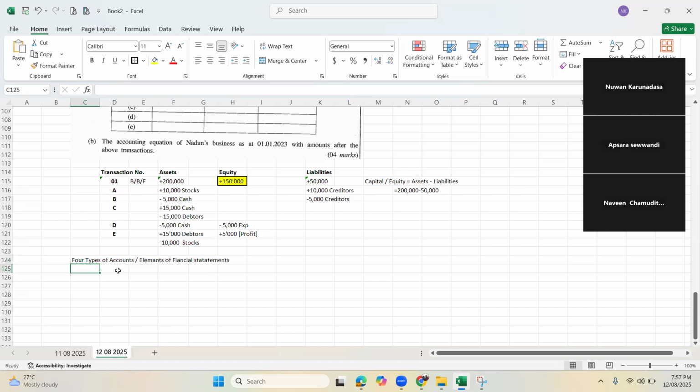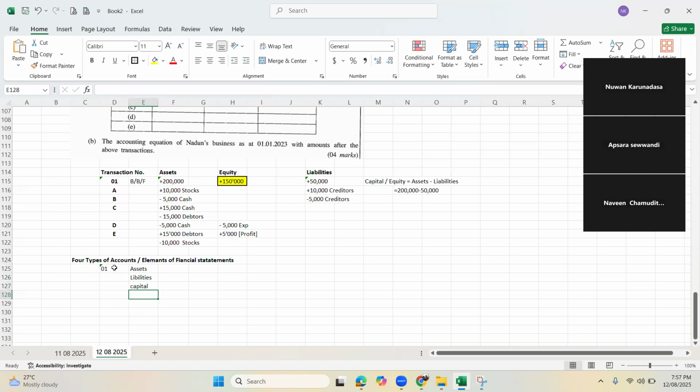Number 1 is assets, then liabilities, then capital.